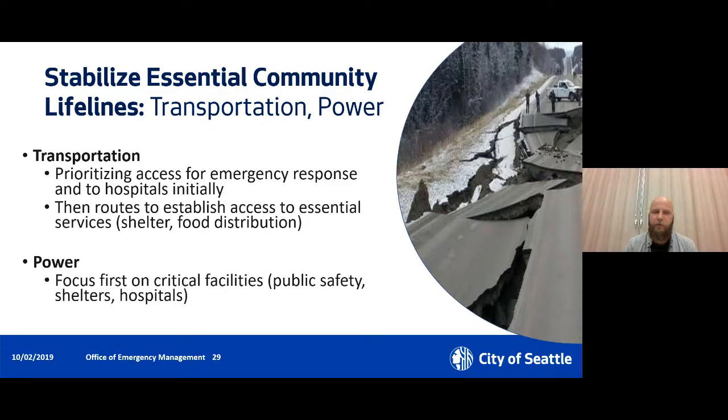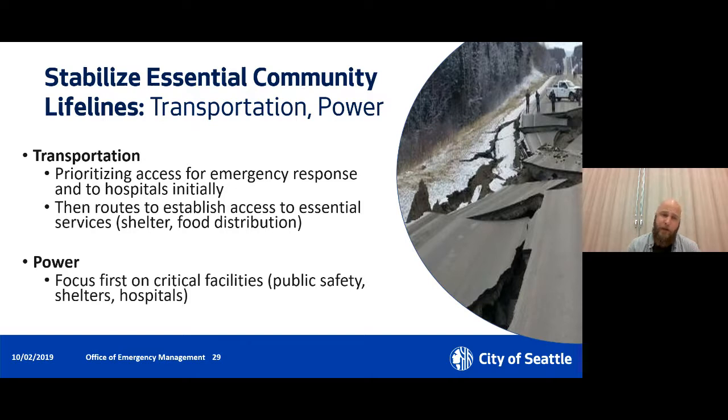Bridges will be a priority, but the overarching priority is really, how do we ensure that there's access for emergency response, and how do we ensure there's access to hospitals? And then starting to look at routes to establish access to other essential services. So if we're standing up shelters, can we make sure that people can access shelters? If we're standing up food distribution sites, how do we make sure people can get to those? So it's some basic level of service.